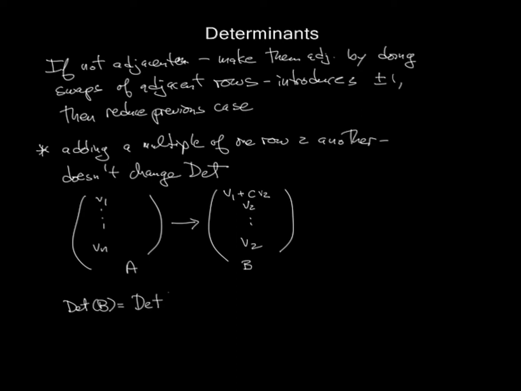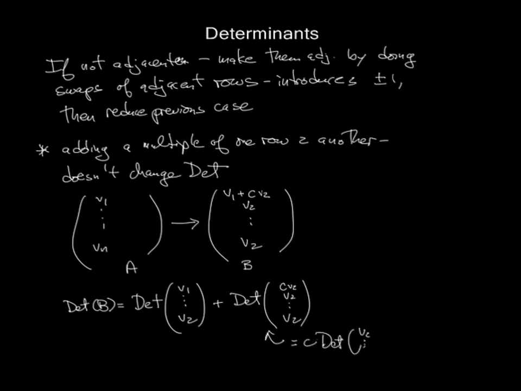Well, by the linear property, the determinant of the new matrix is the determinant of the original matrix plus the determinant of this matrix with cv2 in the first place. And now the first two rows are the same up to the c, but you can pull the c out by the linear property. So now you really get the first two rows are equal, and so the second determinant is 0.